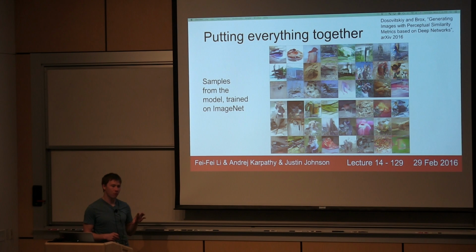And those beautiful bedroom samples you saw were, again, training one model that's specific to bedrooms. But here, they actually trained one model on all of ImageNet. And still, these aren't real images, but they're definitely getting towards real-ish looking images. So I think these are pretty cool. I also think it's kind of fun to just take all these things and stick them together and hopefully get some really nice samples.